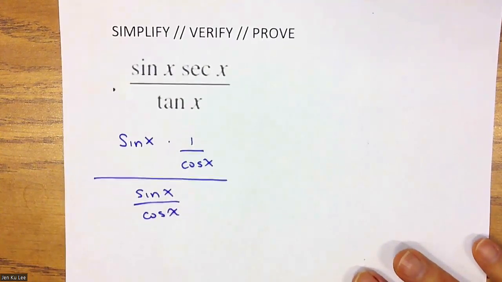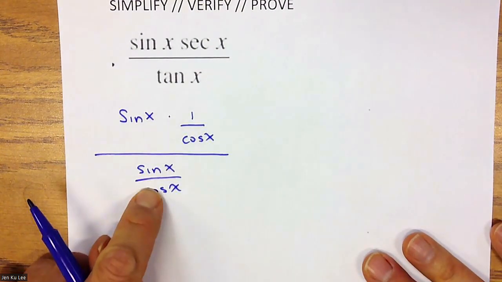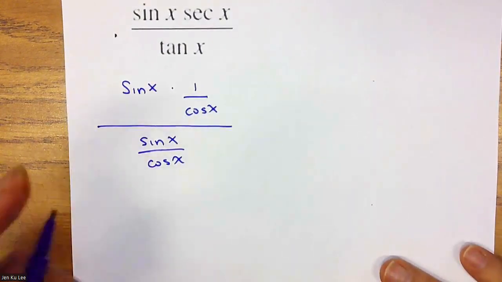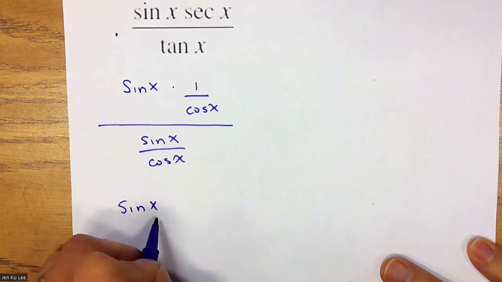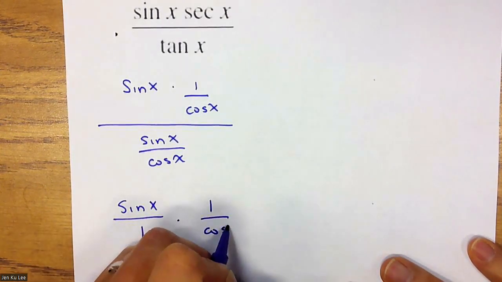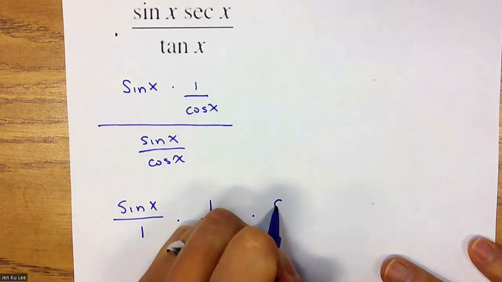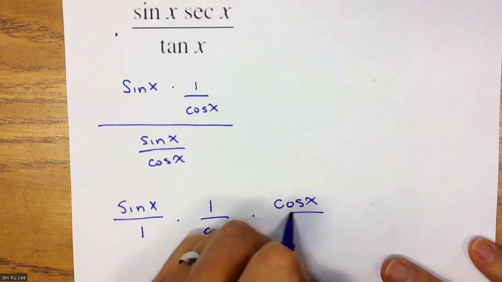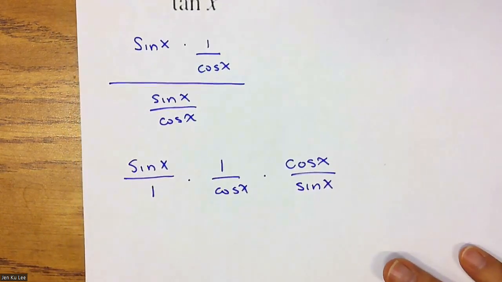Okay. So since this is just multiplication or division, I'm going to take the reciprocal, use my basic math skills, right? Sine of x over 1 times 1 over cosine of x times, take the reciprocal of this and put it as cosine over sine, right?